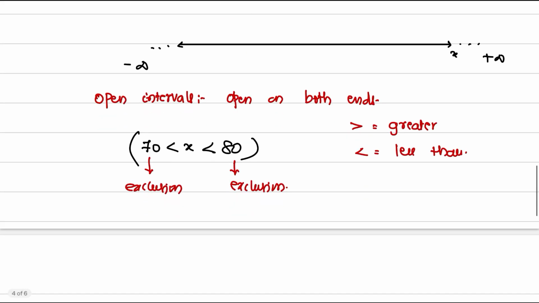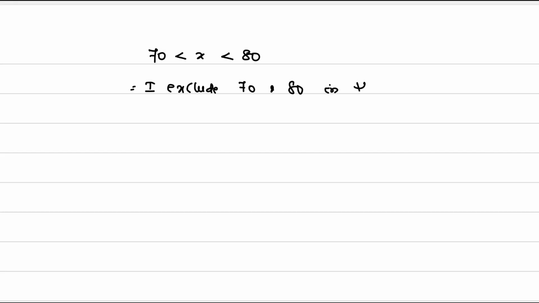When I say 70 is less than x is less than 80, it means I exclude the 70 and 80 endpoints in the range.